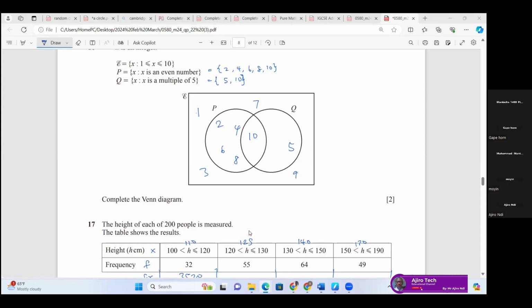Now, for the probability question, why didn't he do times 2? Because it can be not green, green, or green, not green.